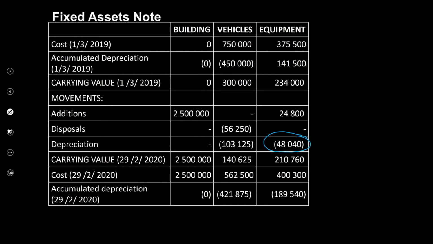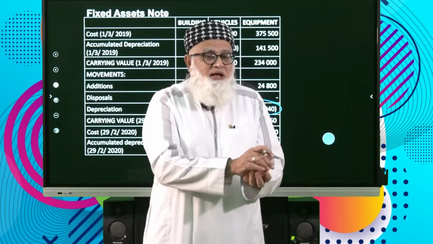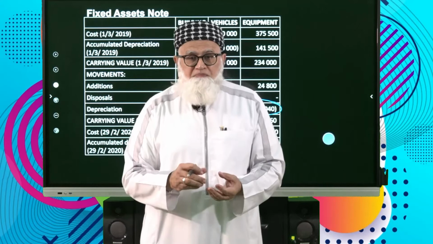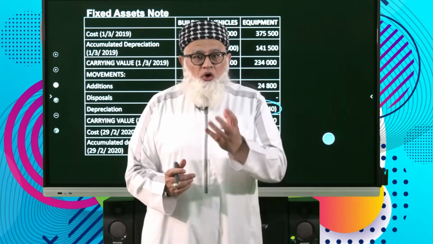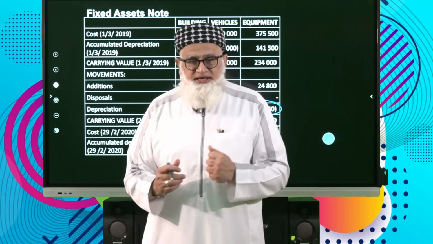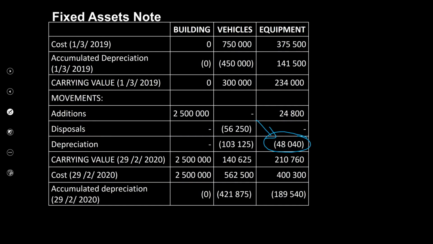I've shown you the actual calculation that we needed to do in terms of the old equipment plus the new equipment that we had purchased, and therefore you can see that the total depreciation on equipment amounted to 48,040. And then we've actually done a calculation to prove it. We now have our opening balance, which was the carrying value at the beginning of the year, add your addition, minus your depreciation, and that will give you your carrying value at the end of the year.